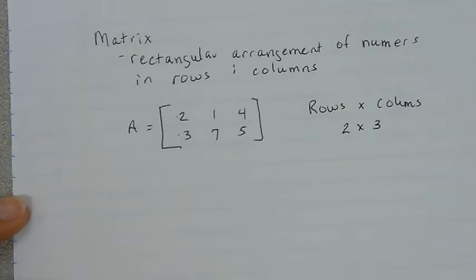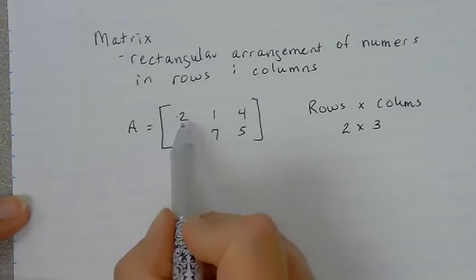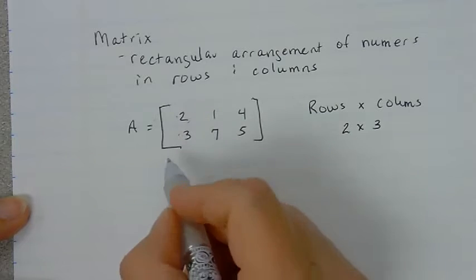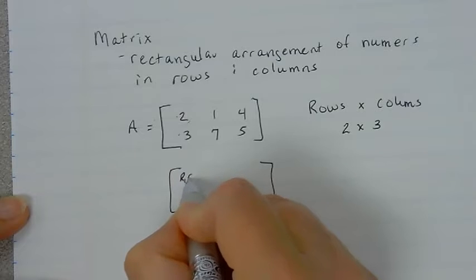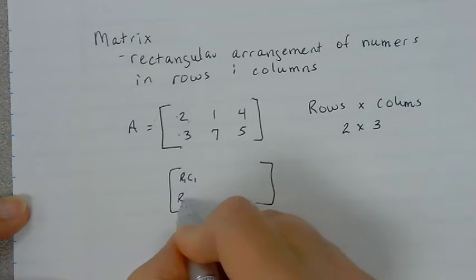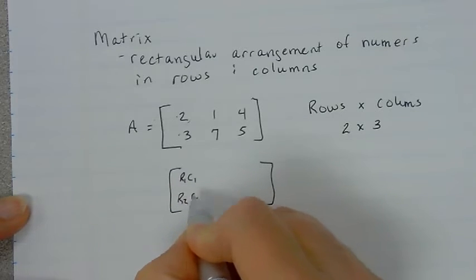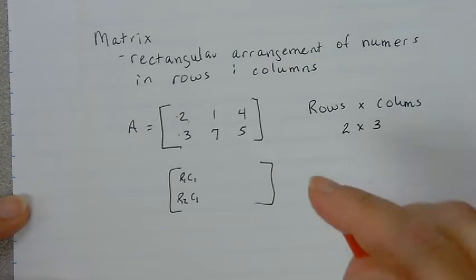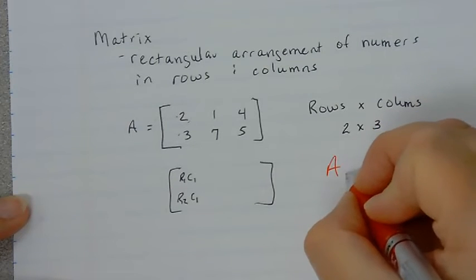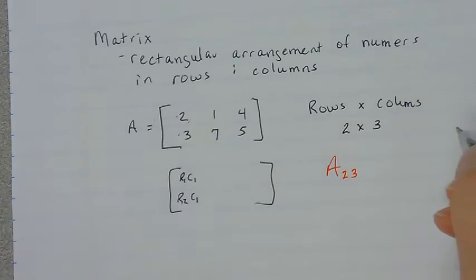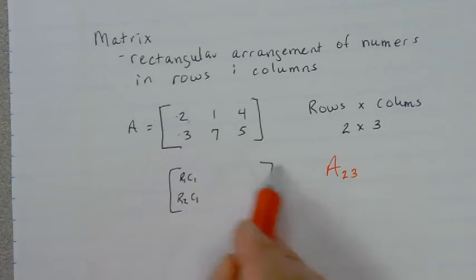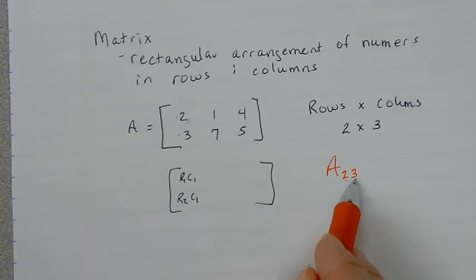Each one of these spots in a matrix is called an element. So for instance, this spot right here would be row 1, column 1. This would be row 2, column 1. So if I asked you in matrix A to find A 2,3, what I would be saying is go to matrix A, find row 2, and spot 3.